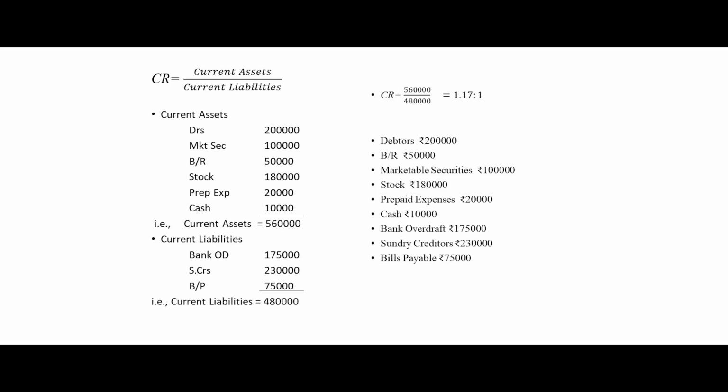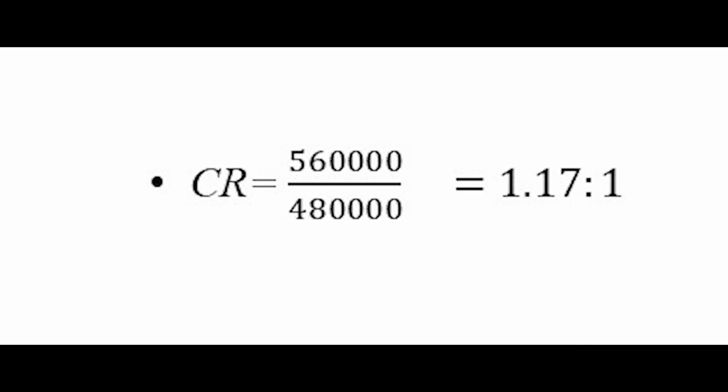In the equation of the current ratio, the two components are already given: current assets and current liabilities. Current assets is rupees 5,60,000 and current liability is rupees 4,80,000. Therefore, we can calculate the current ratio.